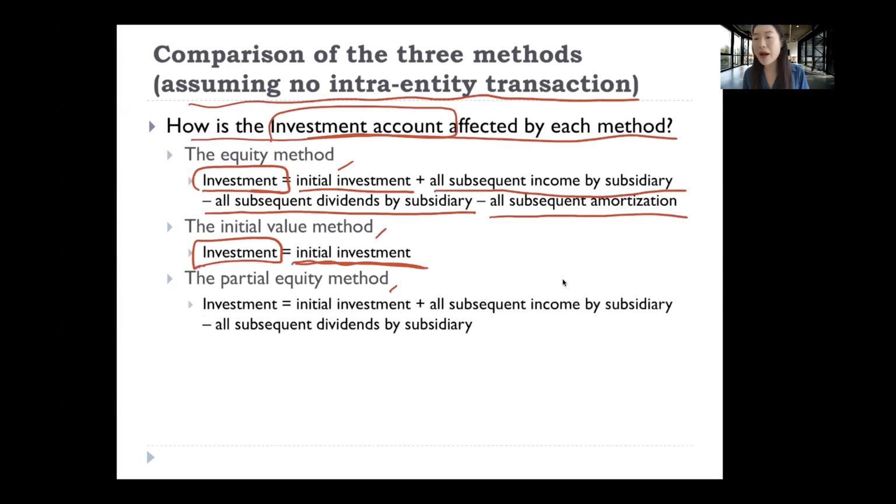And then under the partial equity method, it is very similar to the equity method. The only difference here is there's no amortization. So amortization does not affect the parent's investment account under the partial equity method. So this is a comparison of the three methods as for the investment account.